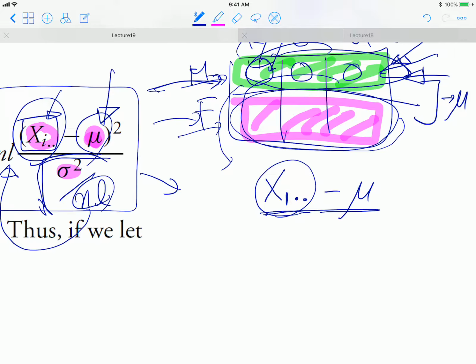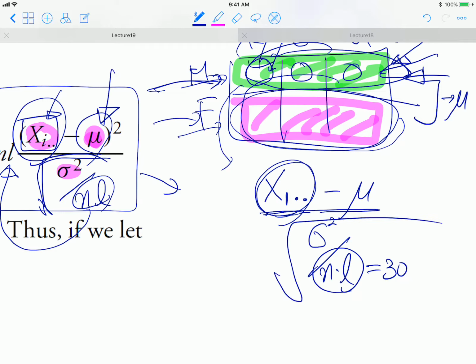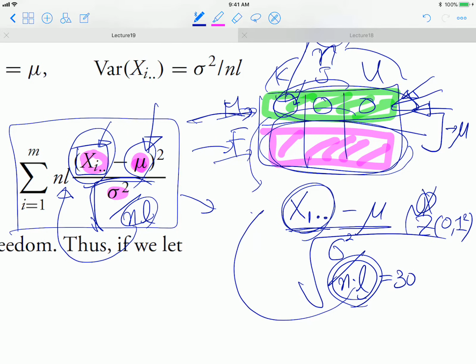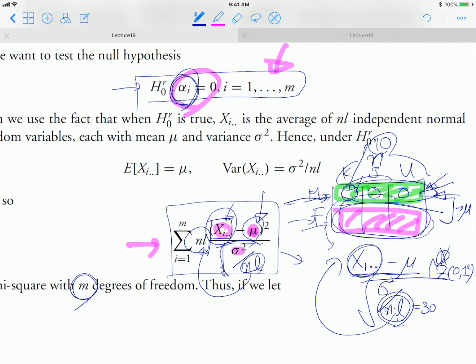Individual observation had variance sigma squared, but this is the sample mean of n times L, or 30 different observations, so the variance will be reduced, and then this will be a Gaussian distribution. This is the standard Gaussian distribution. That way, this is placed into the numerator.